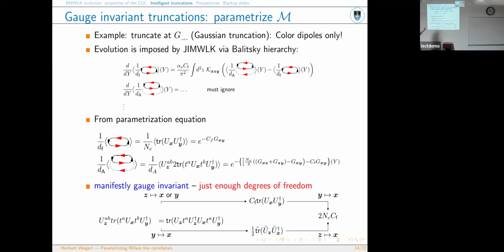But now I'm telling you that in my parametrization, I get an expression for both of these objects in terms of the same 2-point function, the same G. The one for the QQ-bar correlator is just an exponential in G. The one for the QQ-bar blue is a more complicated exponential in linear combinations of G. But it only contains this 2-point function G.